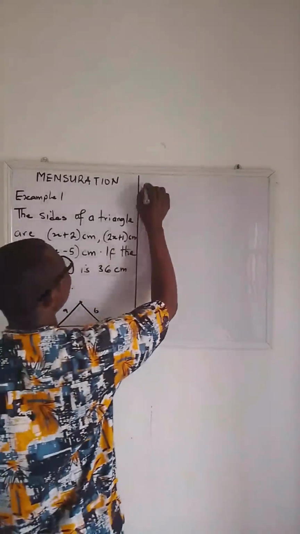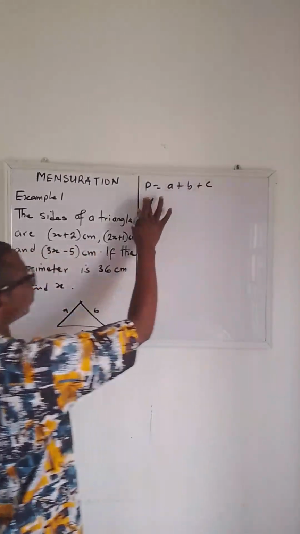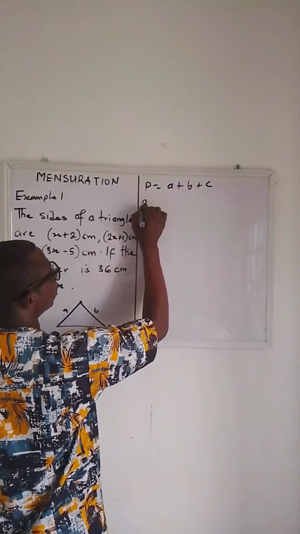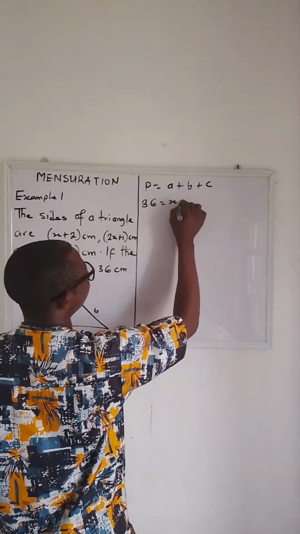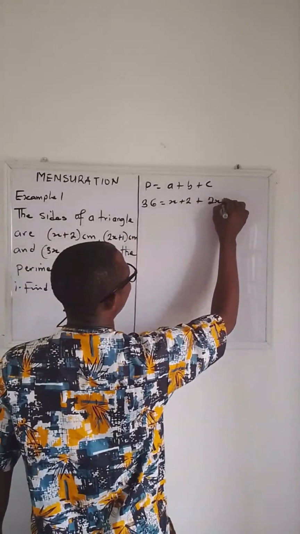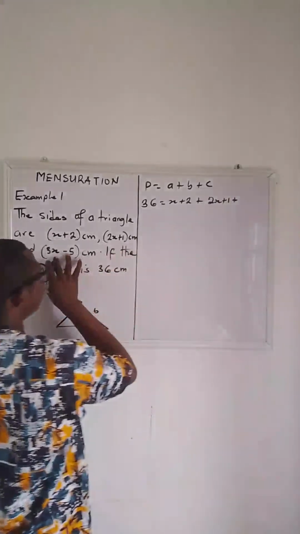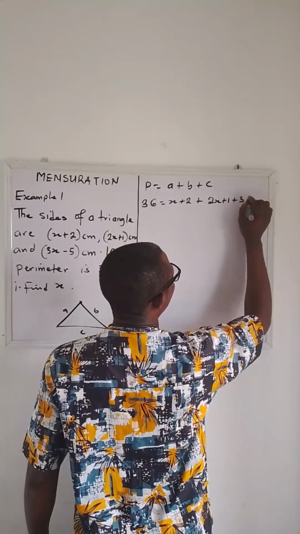So we have perimeter equals A plus B plus C. Now the perimeter is 36, so we plug in: 36 equals, what is A? A is x plus 2. What is B? B is 2x plus 1. And C is 3x minus 5.